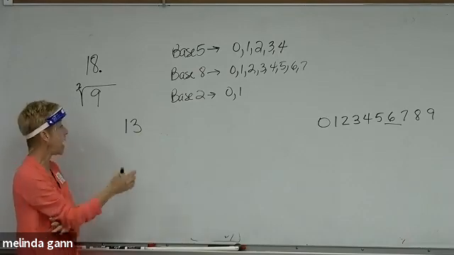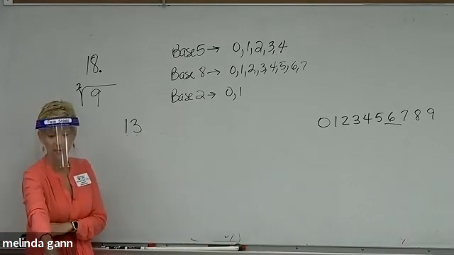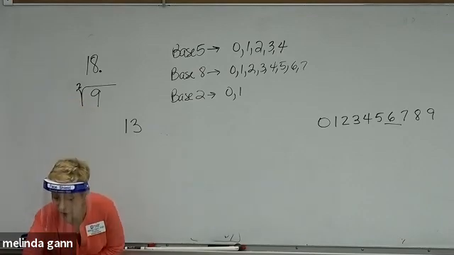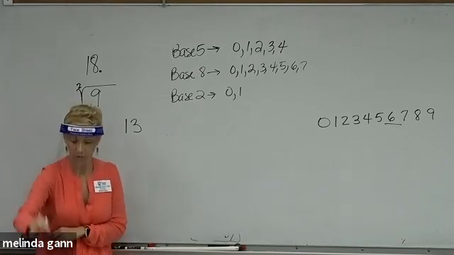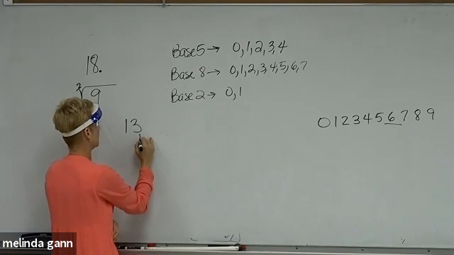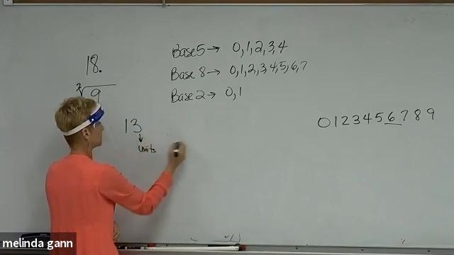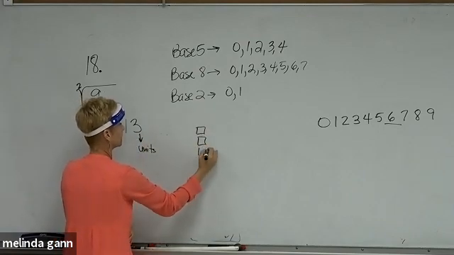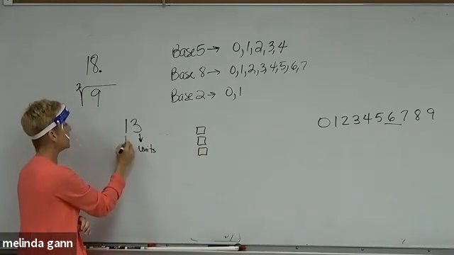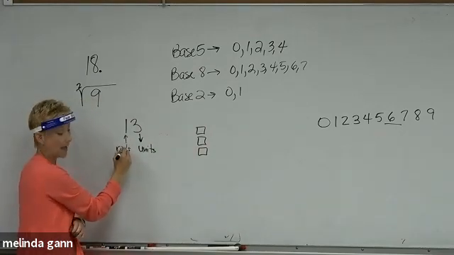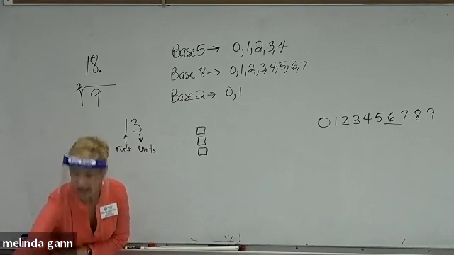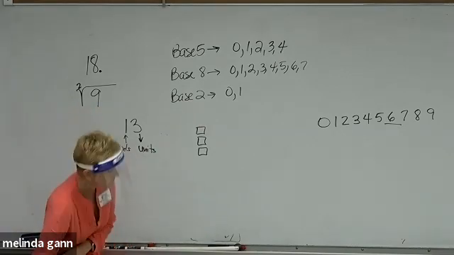So when there's not a base showing, it's understood to be what base? 10. How would I make a 13 with these base 10 blocks? How many of these little cubes would I have? 3. All right. How many of these rods would I have? 1.